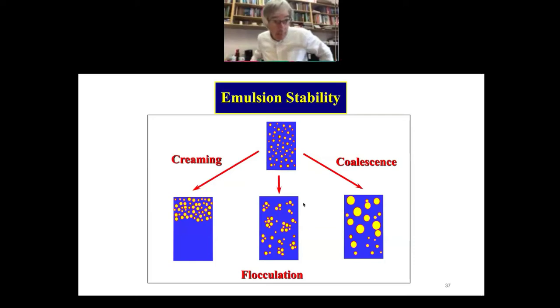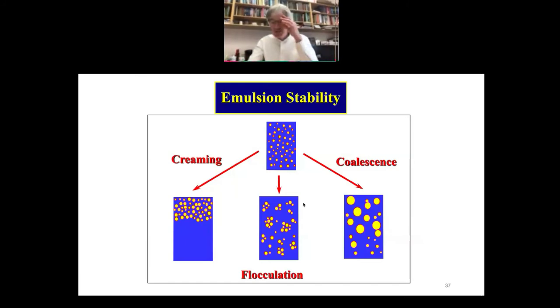We do have some food ingredients that are sometimes referred to as weighting ingredients, where their sole role in an emulsion is to increase the density of the dispersed phase. And that limits creaming because the density difference, which is the driving force for creaming, is reduced. If there's no density difference between them, then there will be no driving force for a gravitational separation.